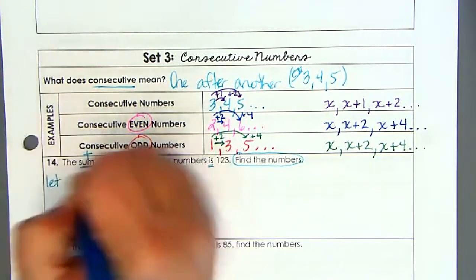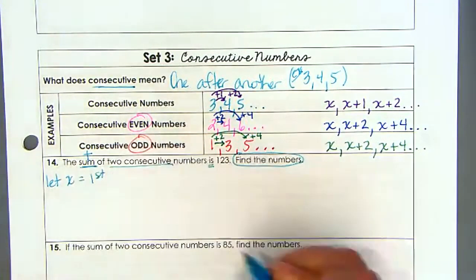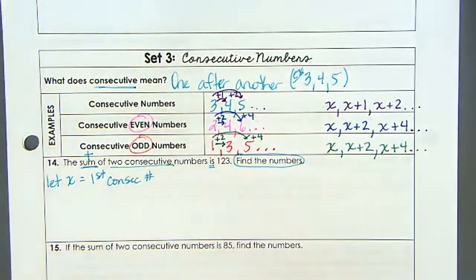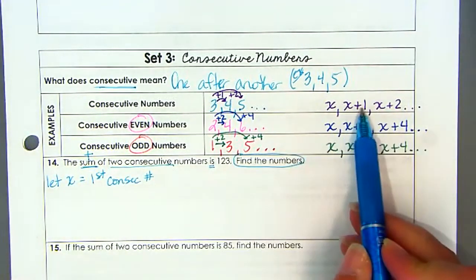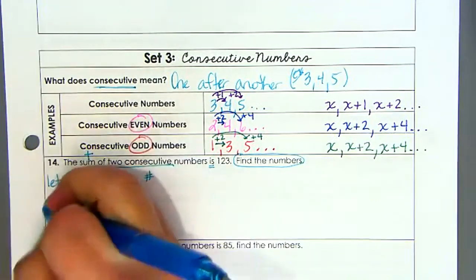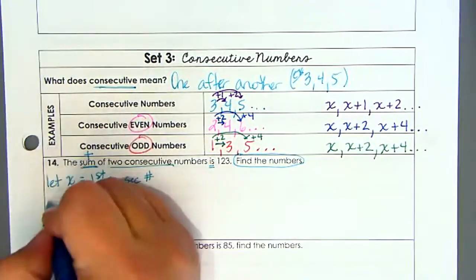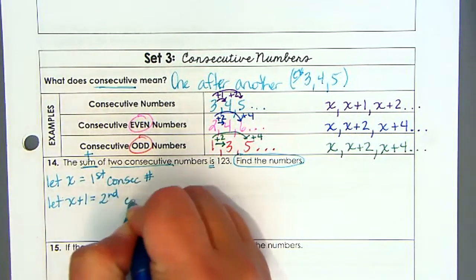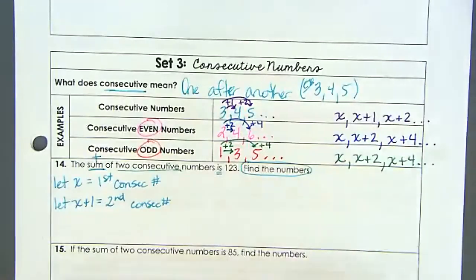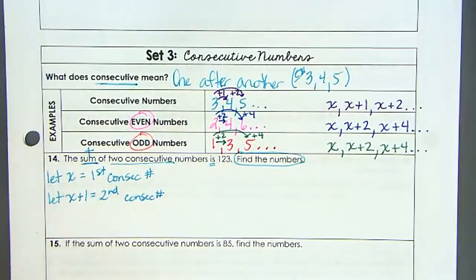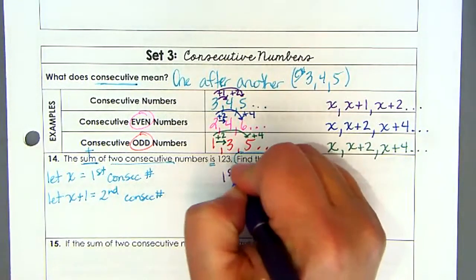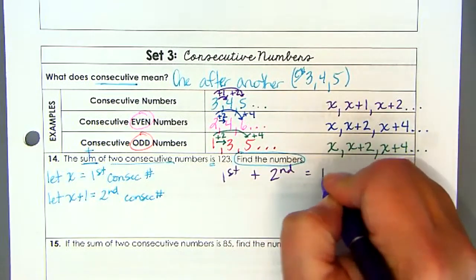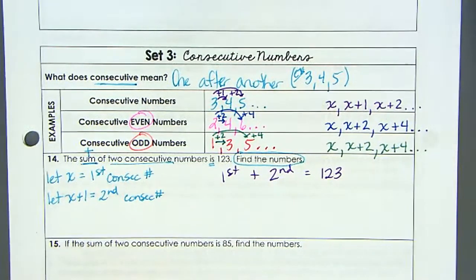Let X represent the first consecutive number. If that's the first one, my second one is going to be X plus 1, which represents the second consecutive number. So my game plan is the first plus the second is equal to 123, the total.